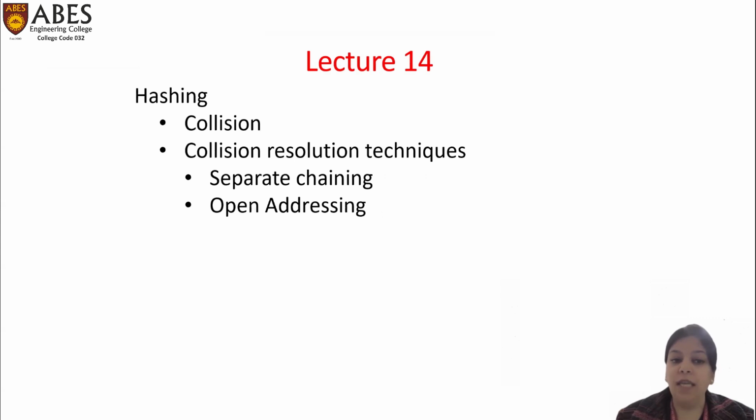In lecture number 14, we will be looking at how collision occurs while hashing and what are the various ways of resolving this collision. In the various collision resolution techniques, we will be looking at separate chaining and open addressing. We will also be discussing various techniques of open addressing with the help of various examples.